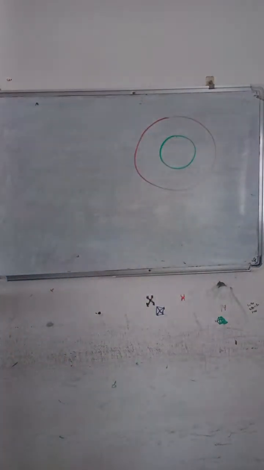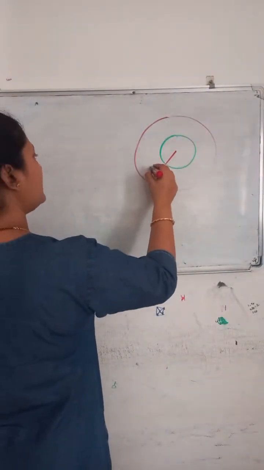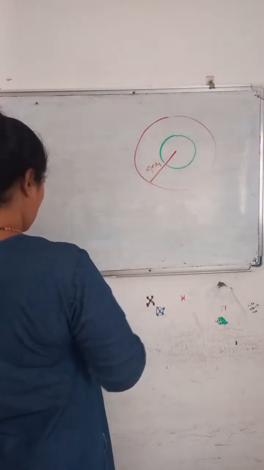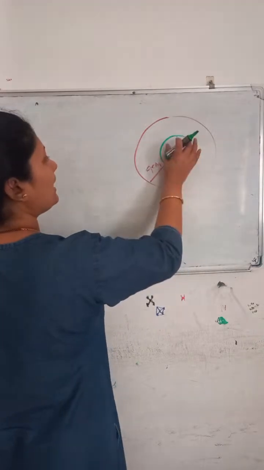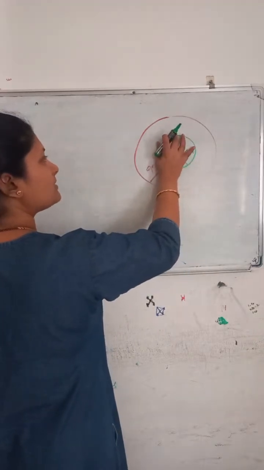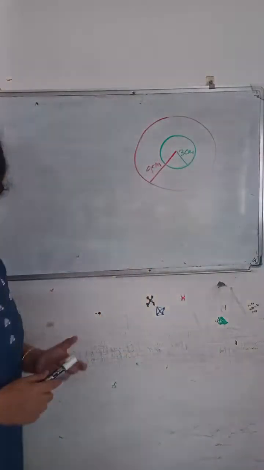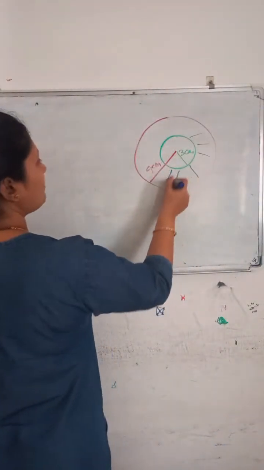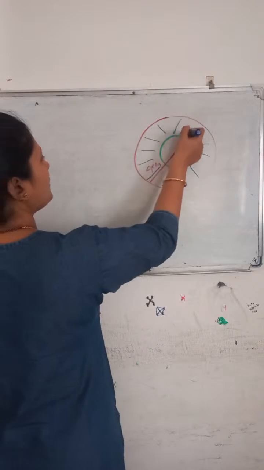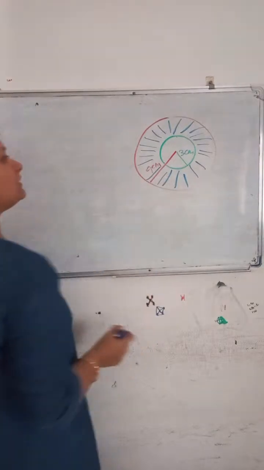The bigger one has radius 4 centimeter and the smaller one has radius 3 centimeter, and this 3 centimeter circle is removed. So what will remain here? After removing this small portion, only this part will be left, like a wheel.